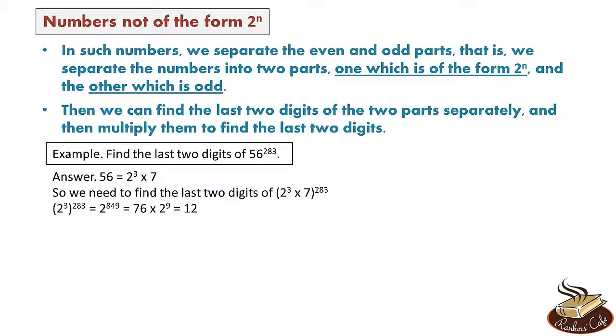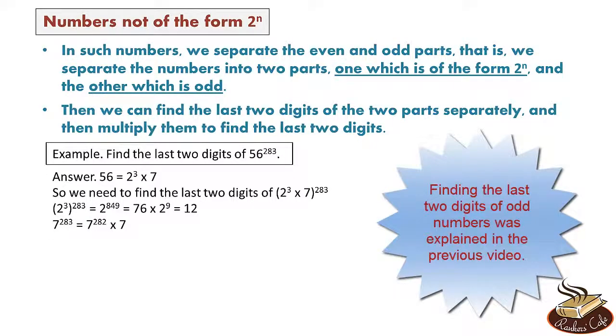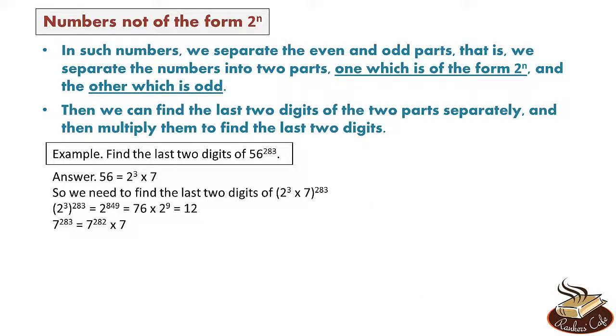7 raised to the power of 283 can be written as 7 raised to the power of 282 into 7. This is because 283 is not an even number, so we need to separate it. Now 7 raised to the power of 282 can be written as 49 raised to the power of 141. So our number becomes 49 raised to the power of 141 into 7, which is equal to 49 raised to the power of 140 into 7 into 49.